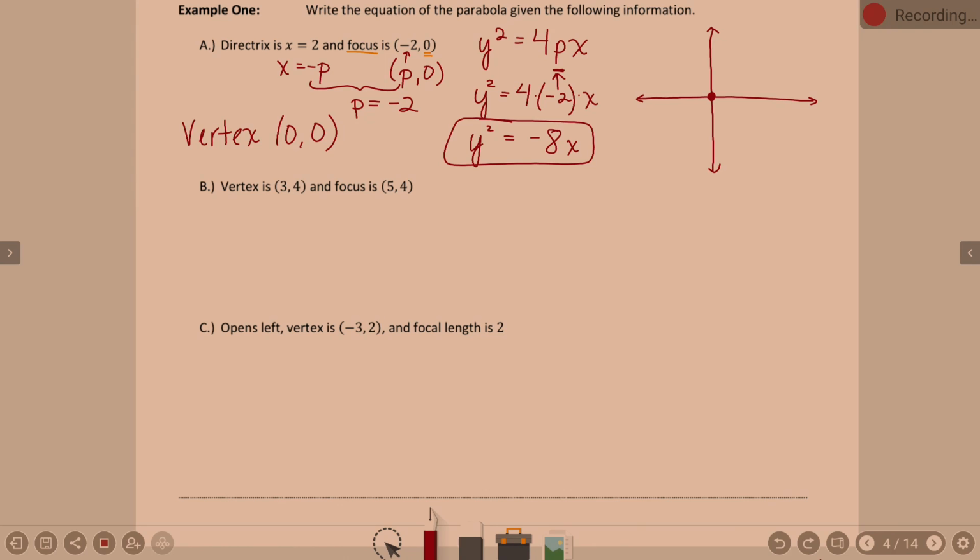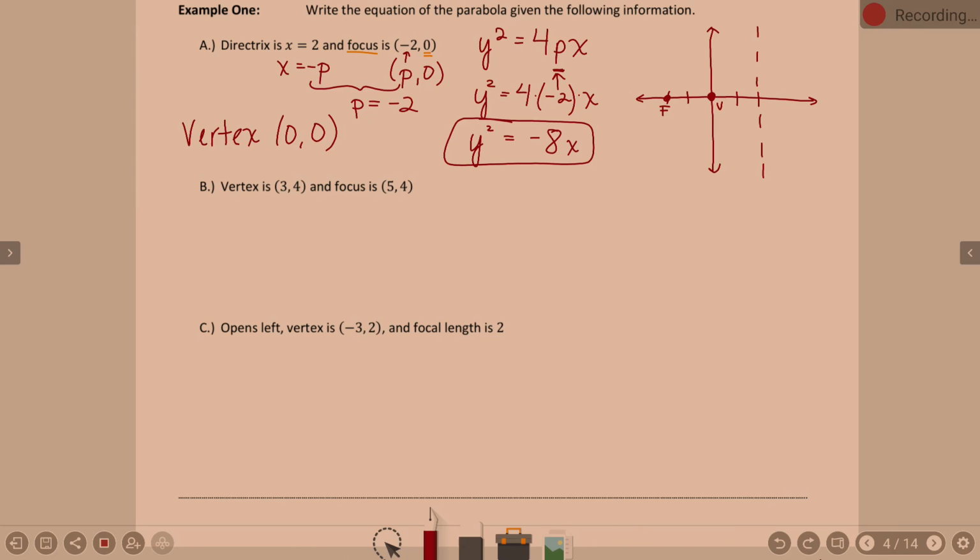My focus is at -2, 0. And where's the directrix? The directrix is the line x equals 2. Okay, that's just me writing in the information as provided, or that I figured out.